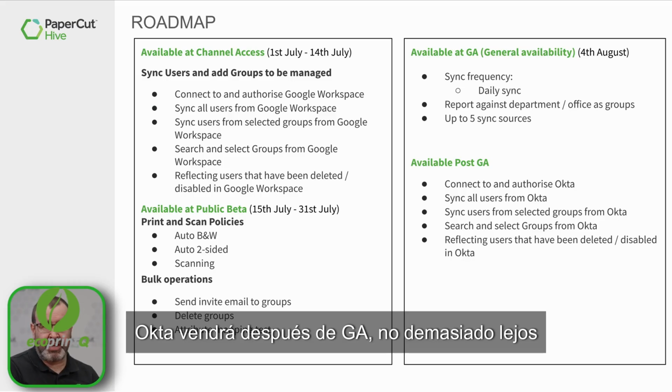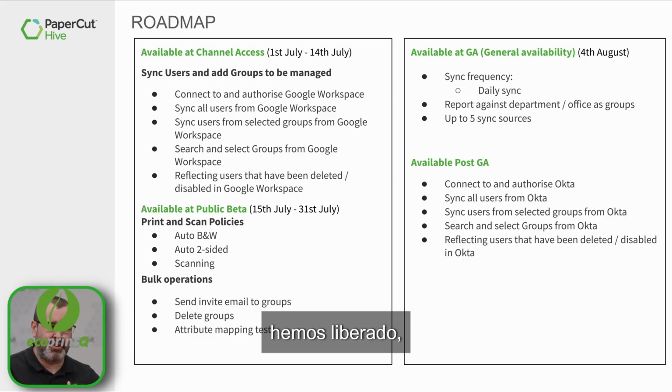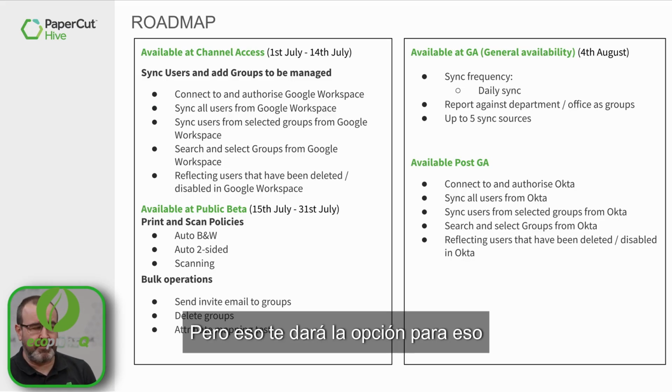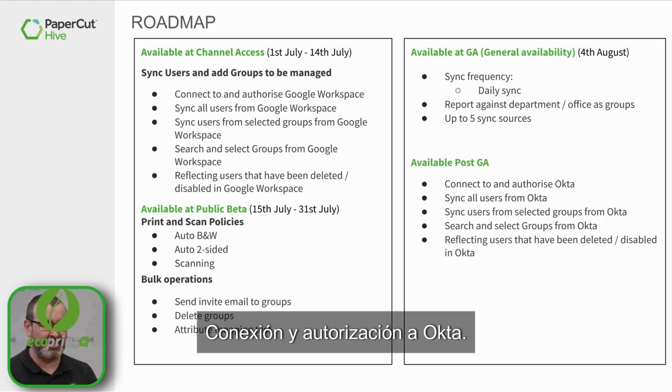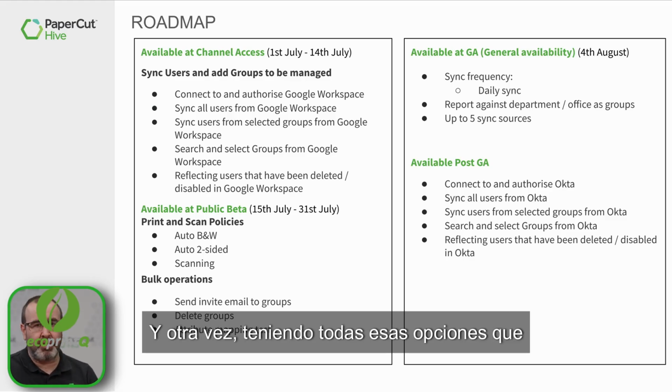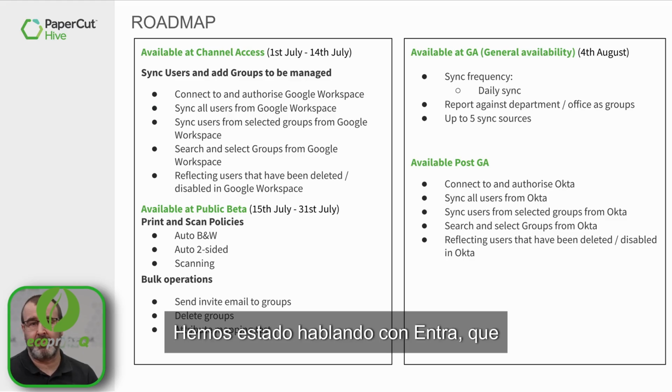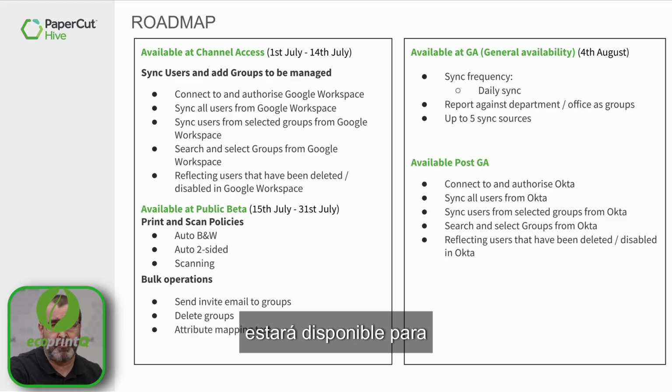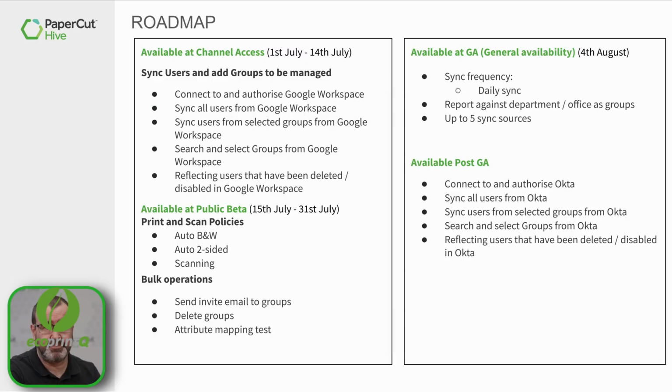Okta will come post-GA, not too far after we've released, but that will give you the option for connecting and authorising to Okta. And again, having all those options that we've been talking about with Entra, that will be available for Okta as well. So that's where we're at, that's where we're going, and that's what's coming in the coming couple of months.